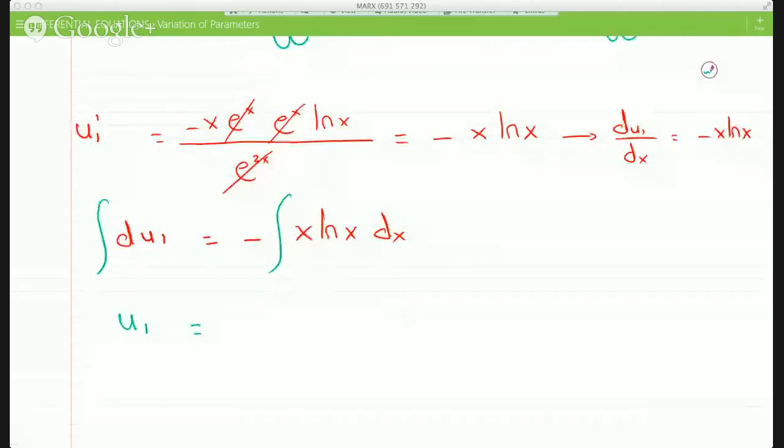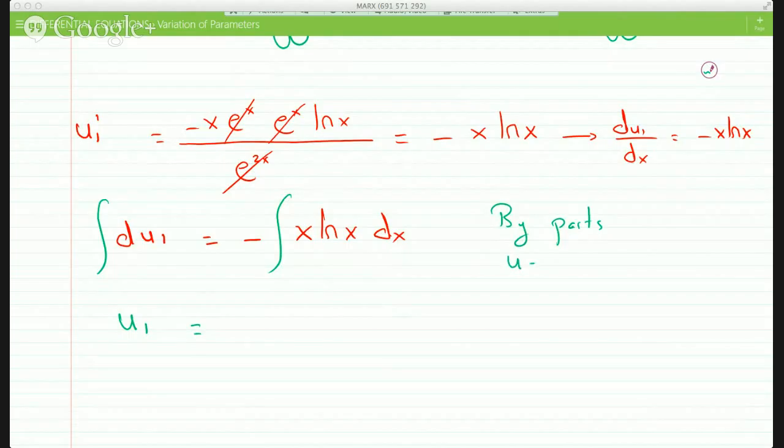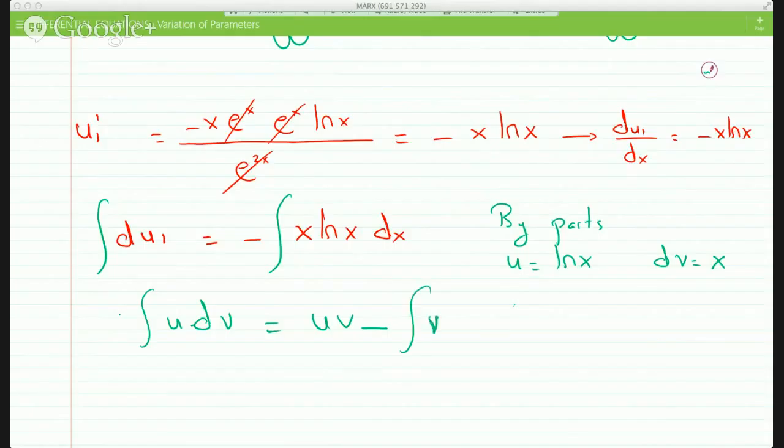You know how to integrate this? Yeah, this needs integration by parts. Your u is always ln x, and your dv is x dx, sorry. Integration by parts entails the integral of u dv is equal to uv minus the integral of v du.